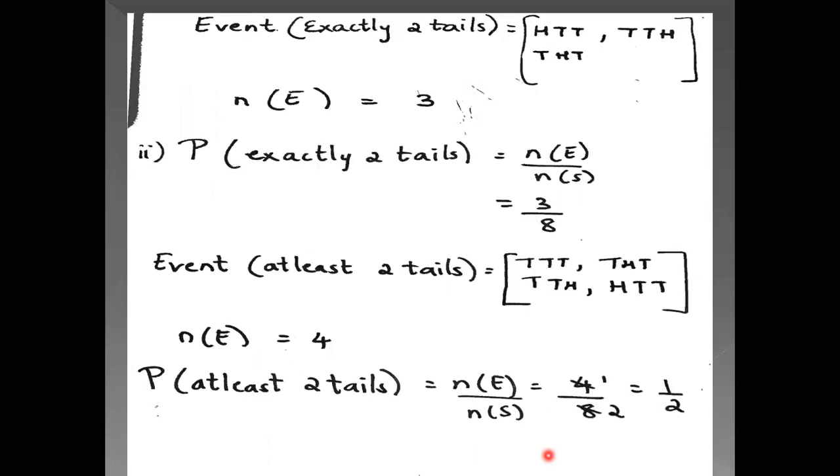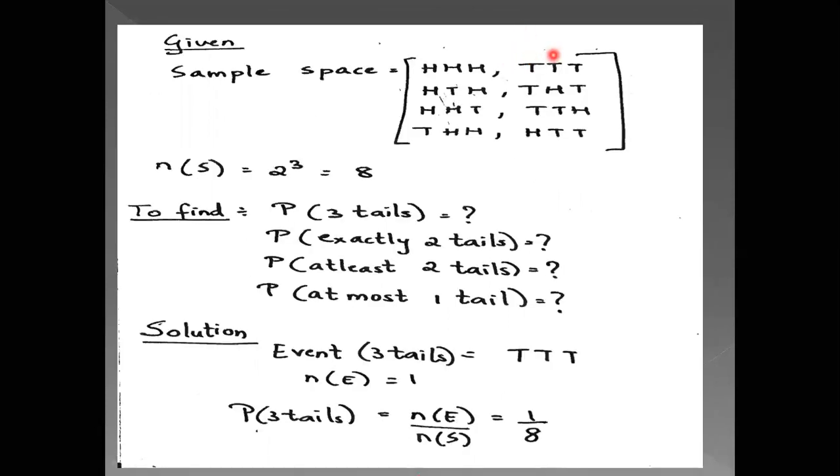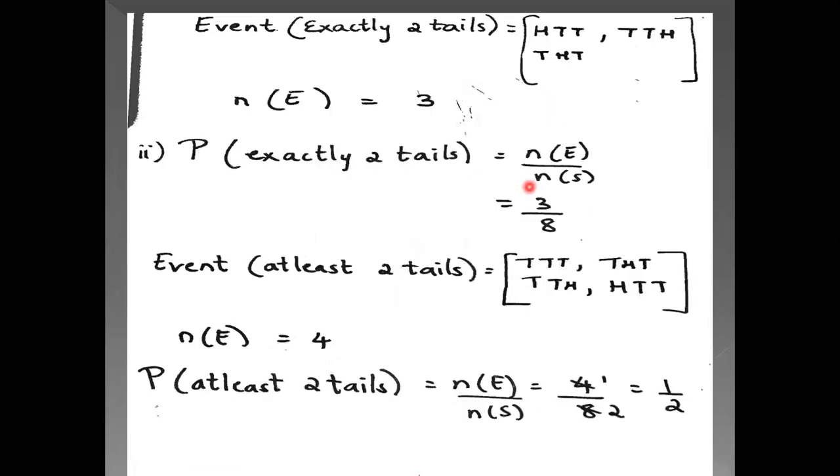In the next part, the event is exactly 2 tails. So exactly 2 tails means there have to be 2 tails. From the sample space, you can see this is one possibility, this is one more possibility: TTH, THT, HTT. So exactly 2 tails means 3 possibilities from the listed sample space.